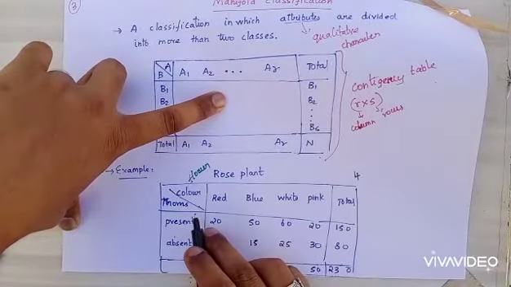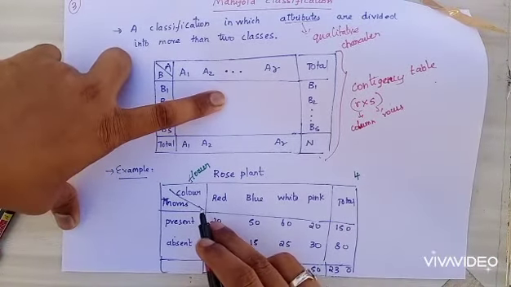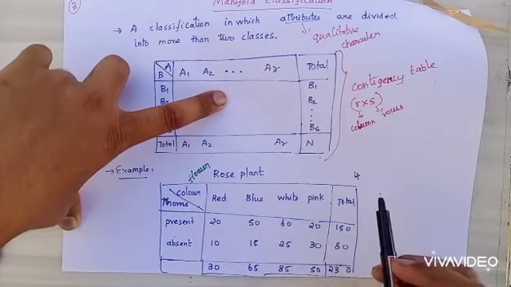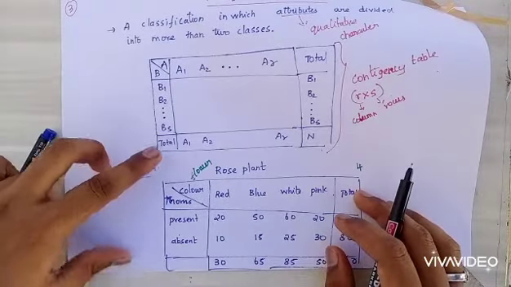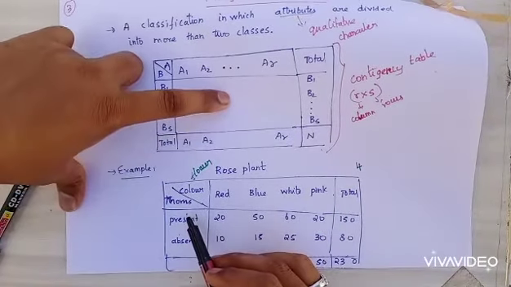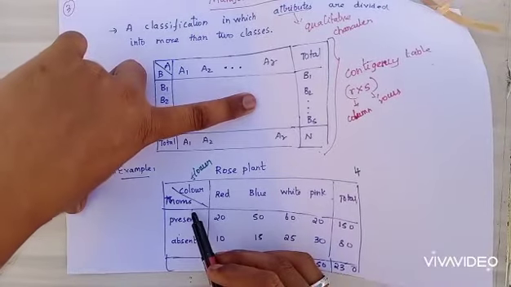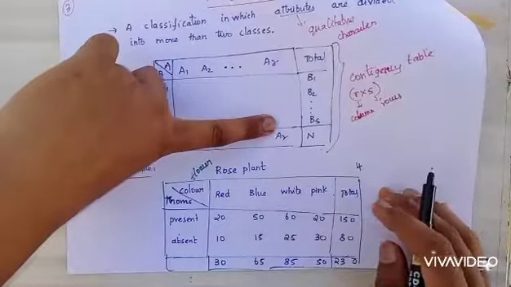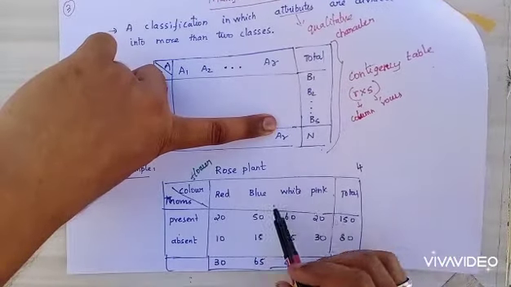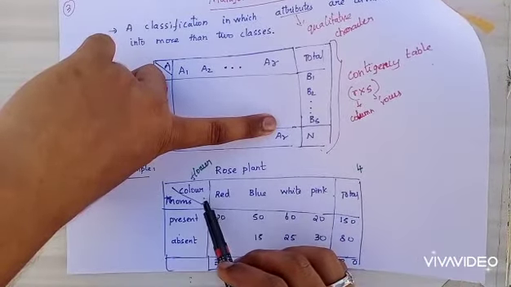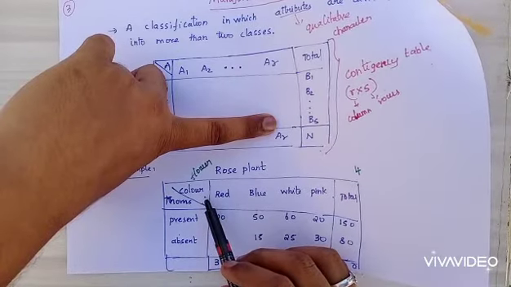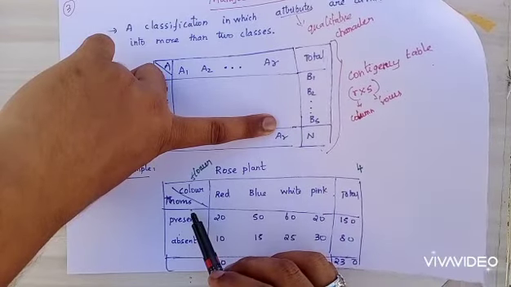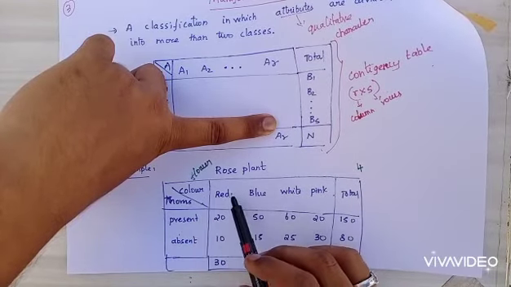In the first attribute we have four classes. And the second attribute is thorns. In thorns we are classifying into two classes, present or absent. So in this way we are classifying either a single attribute or both attributes into more than two classes.